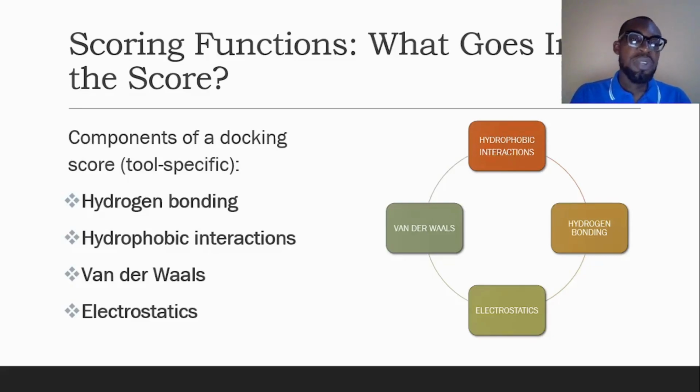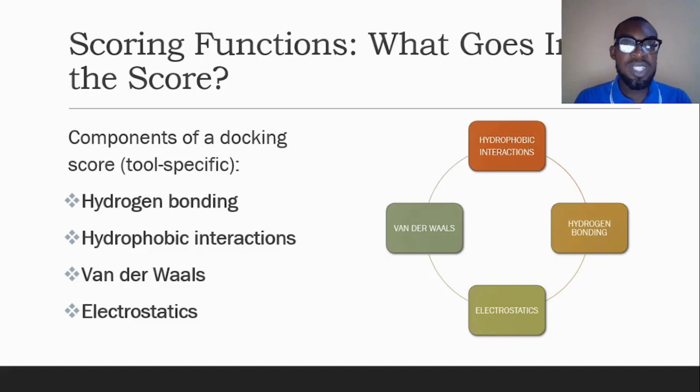It's also important to understand that while the docking score might just be a value, maybe -8.5, -7.3, -2, that value captures different energy components. Those energy components are obtained from the interactions between your macromolecule and your ligand.